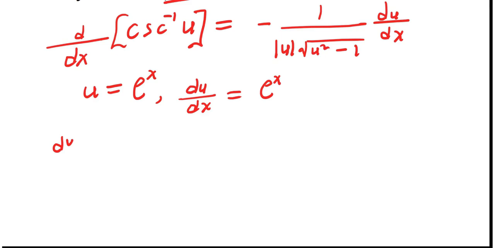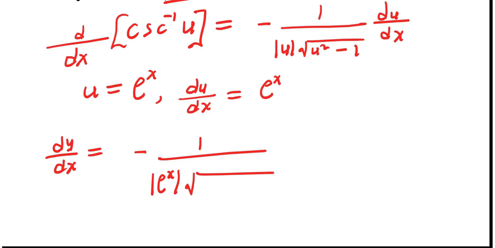If we differentiate y with respect to x, this will be equal to negative 1 over the absolute value of e to the power of x times the square root of e to the power of x squared minus 1, times du/dx. So du/dx is this, the value of du/dx, so we need to transfer that over here.